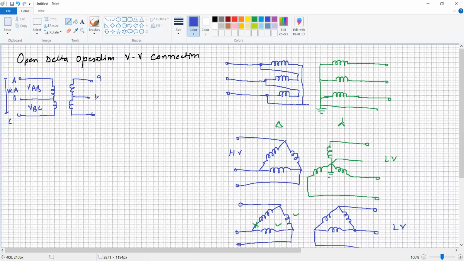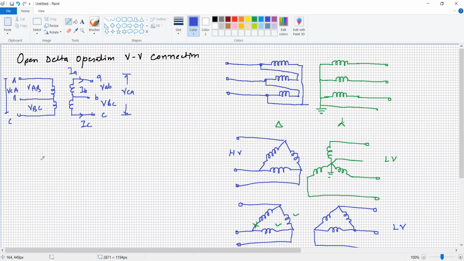Similarly, A, B, C, so it is equal to VAB, VBC, and VCA. Let the currents be IA, IB, and IC.